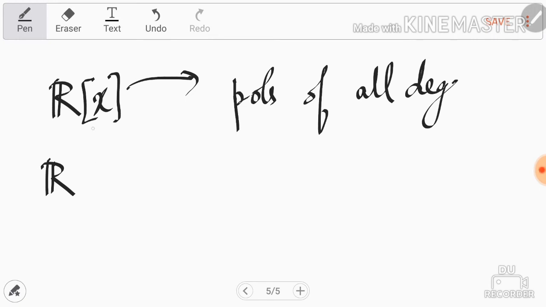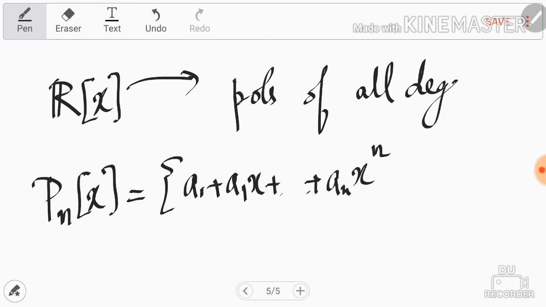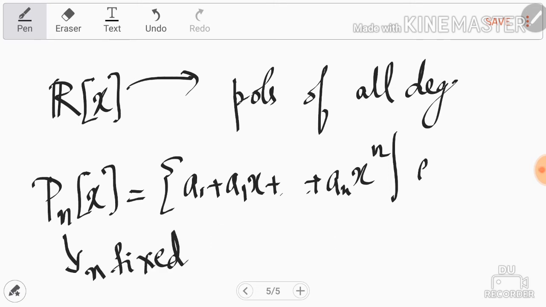Let's give a notation P_n[x] for the set of all polynomials with degree maximum n. Remember, the n is fixed here, and the a_i's belong to the set of real numbers.